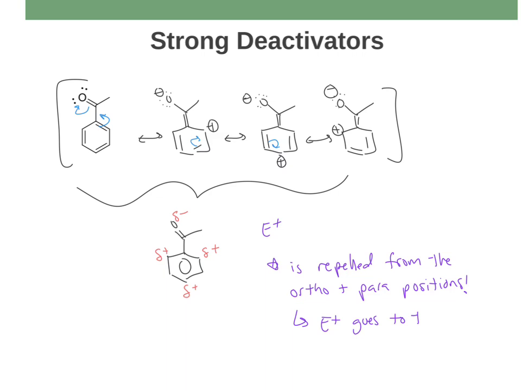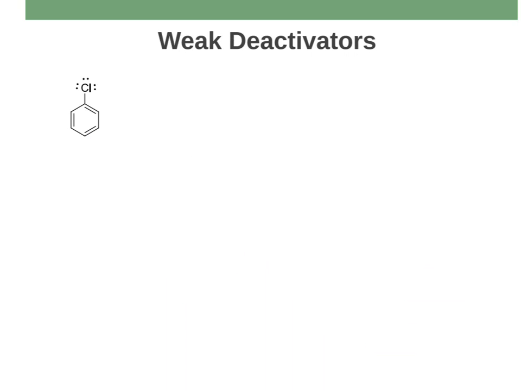It's better for it to go to the meta position because at least it's not being repelled from there. So we're going to end up seeing the alkene from these meta positions go pick up the electrophile. So all those strong deactivators tend to be meta directors.